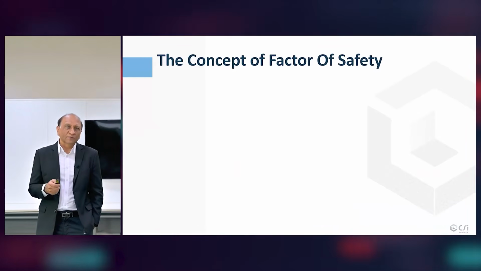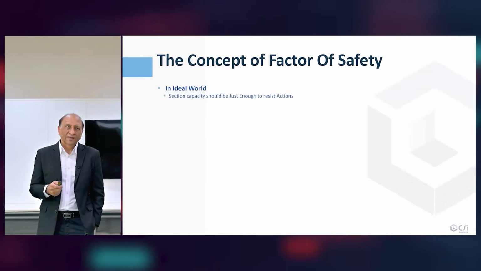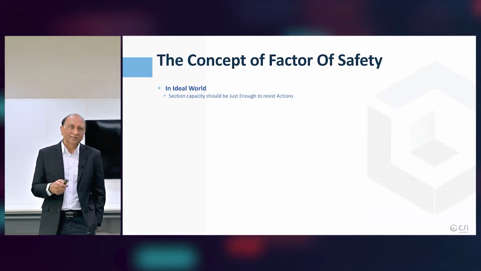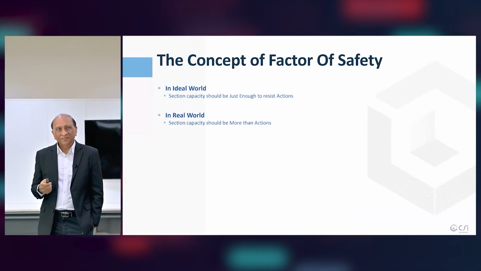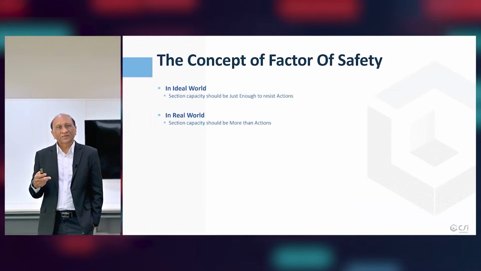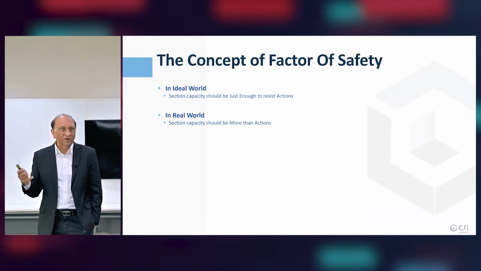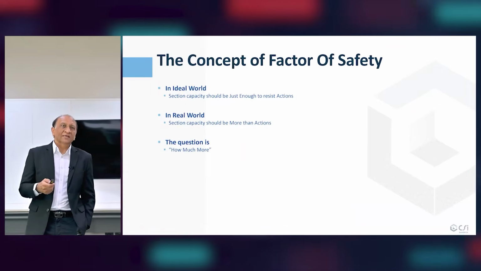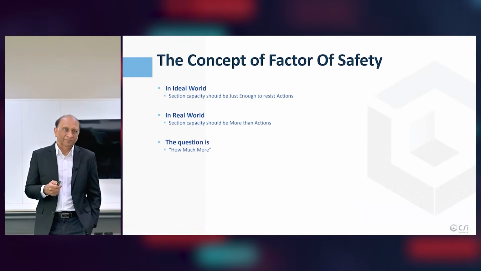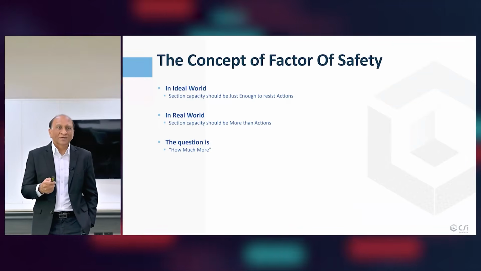The concept of factor of safety was introduced a long time ago for many reasons. In the real world, the cross-section capacity should be just enough to resist actions, but practically section capacity should be more than actions for multiple reasons, which I don't want to discuss now. But let's say that we have to have a certain factor of safety. The question is, how much?